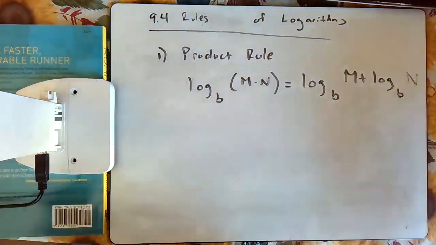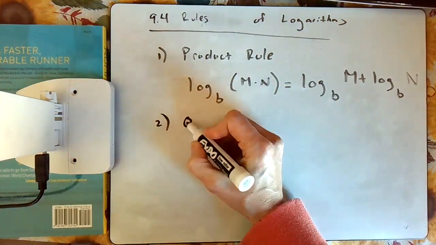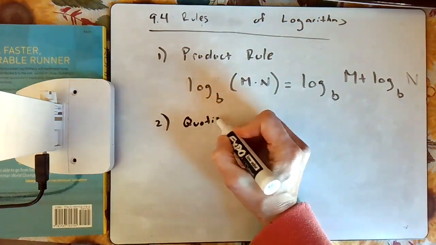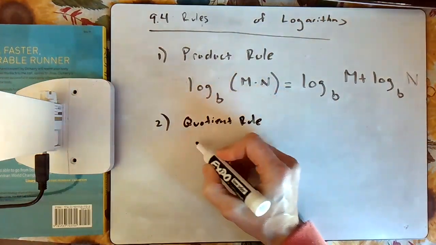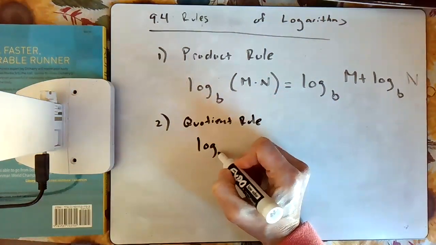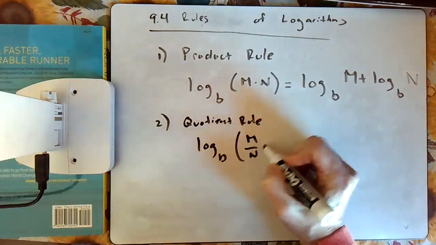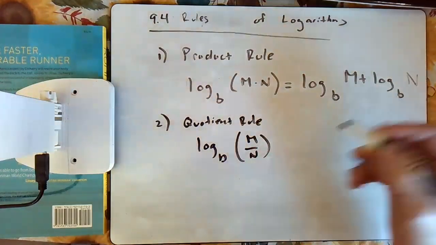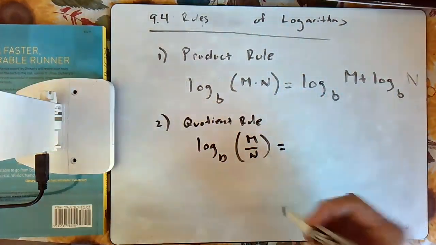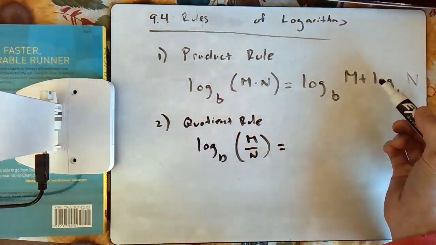Then you also have the quotient rule. This one says if I have log base b of m over n, so m and n can be anything. It could be numbers, variables, whatever. Now, how do we expand this? Well, for multiplication, we added.